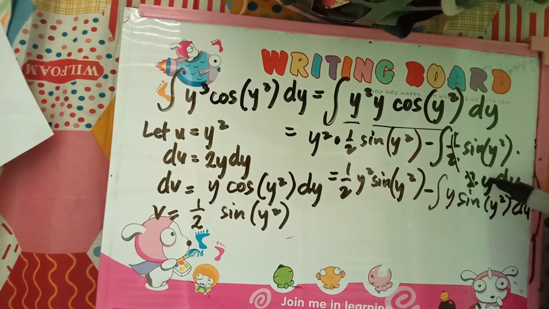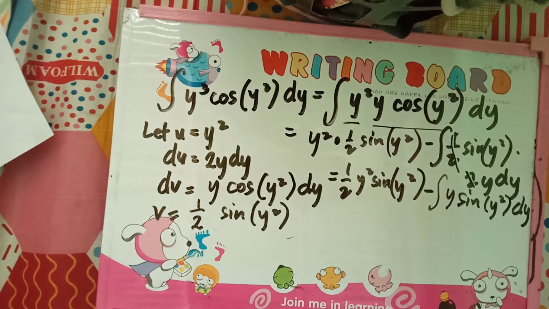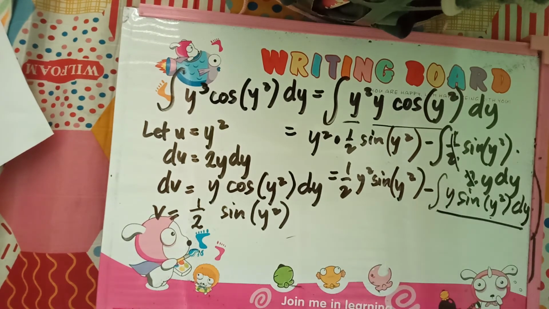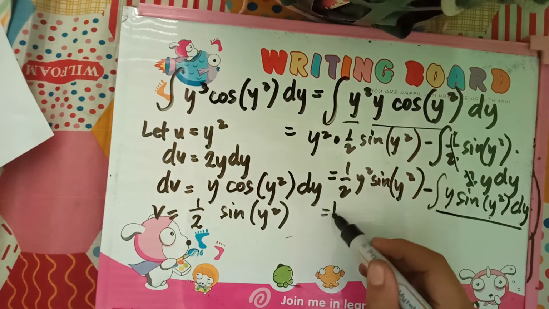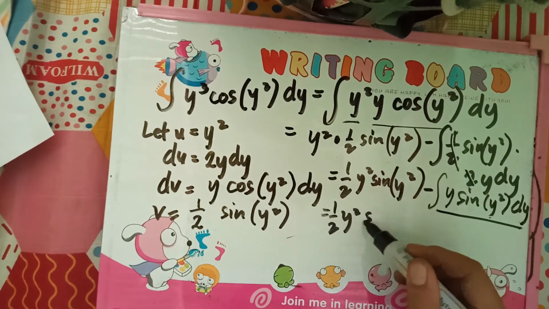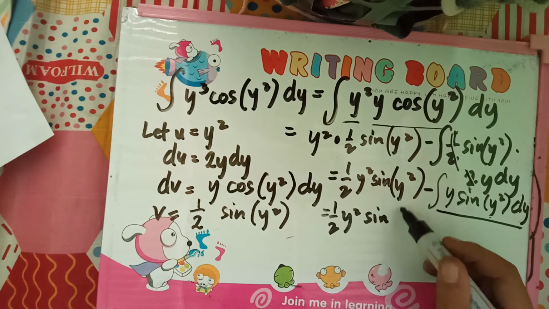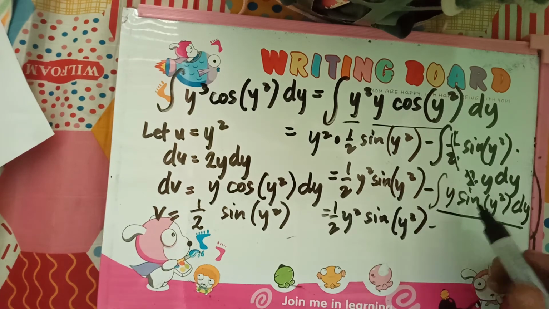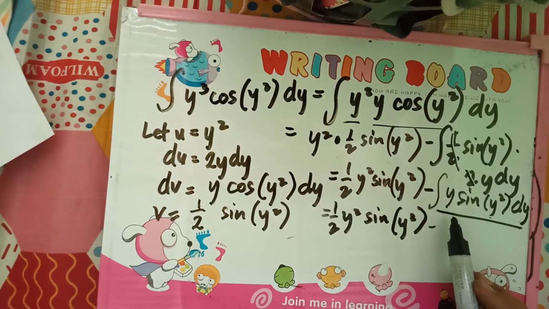Kaya, y sine y squared dy. Okay? Susunod, what is the integral of this? Y sine y squared dy. 1/2 y squared sine y squared. The integral of this will be what?